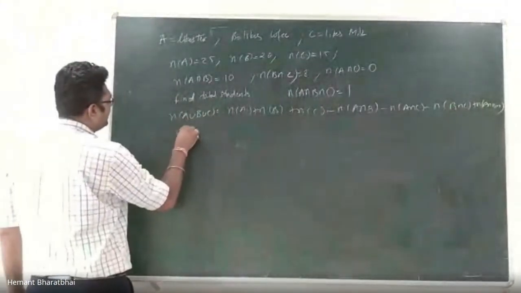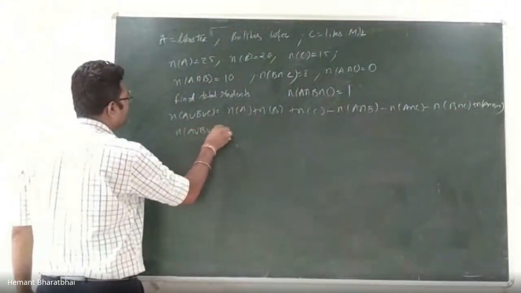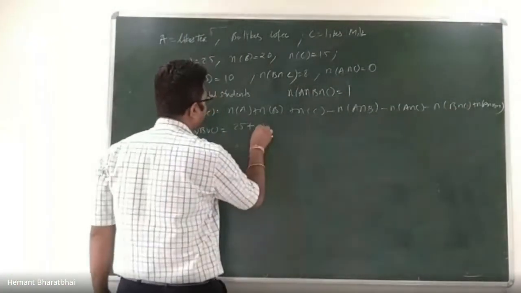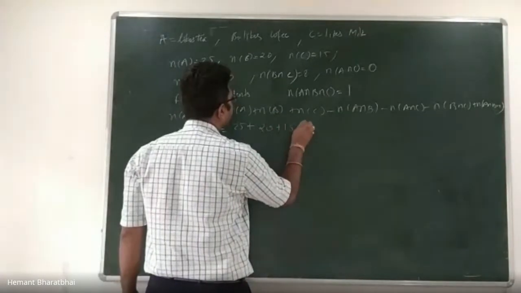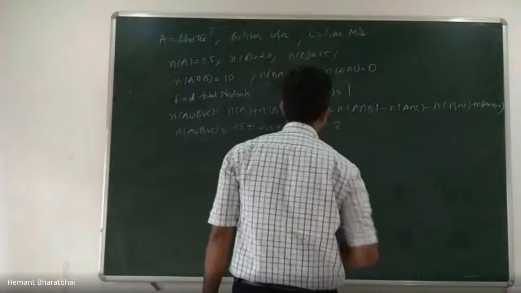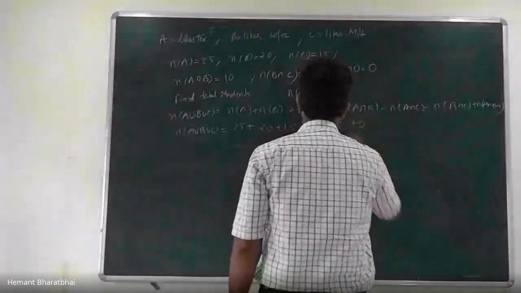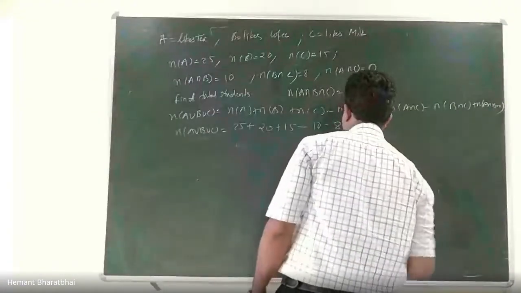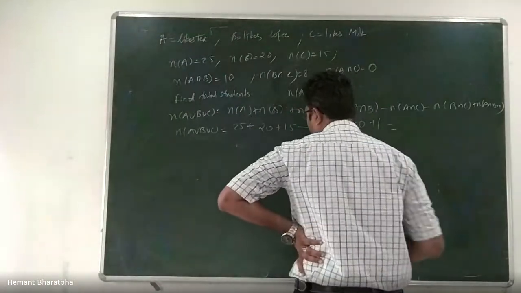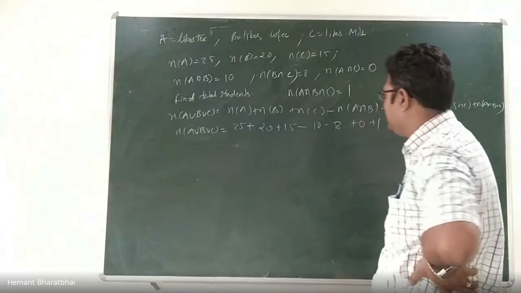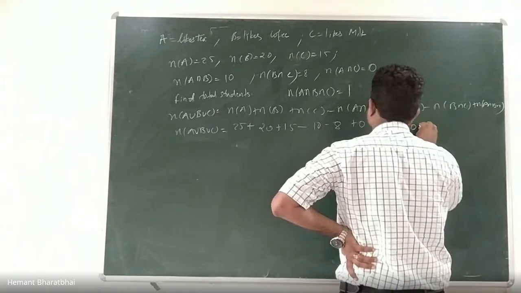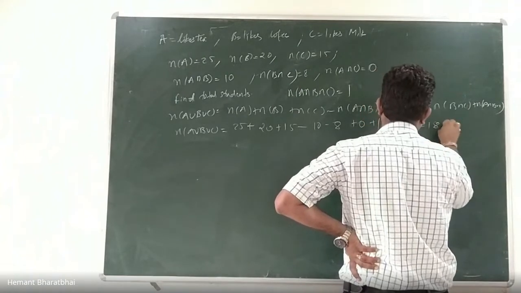Therefore, the number of elements in A union B union C is 25 plus 20 plus 15 minus 10 minus 8 plus 0 plus 1. So that becomes 25 plus 20 is 45, plus 15 is 60, minus 18, plus 1.